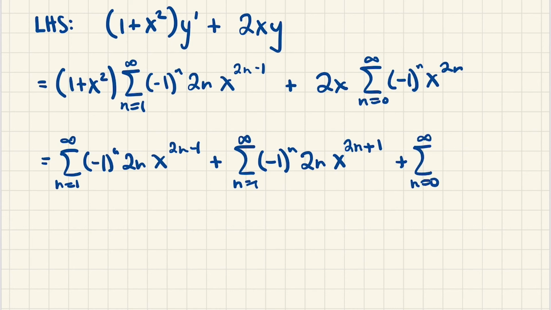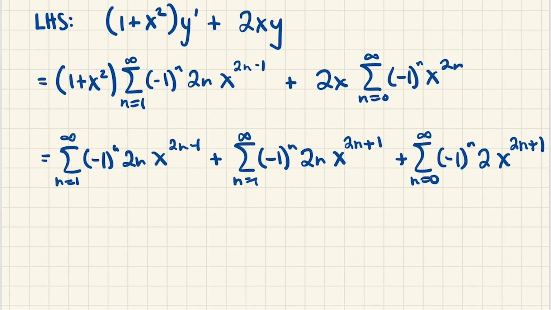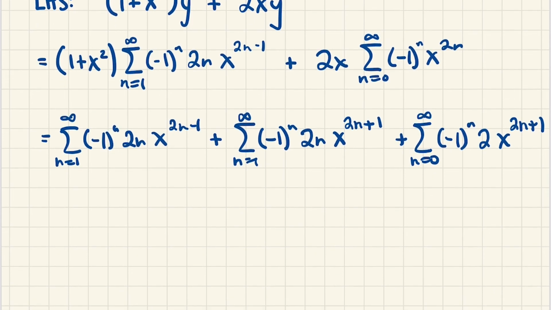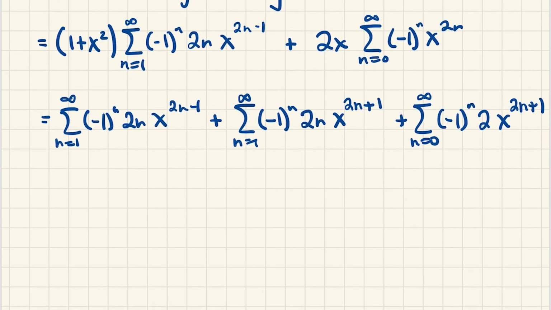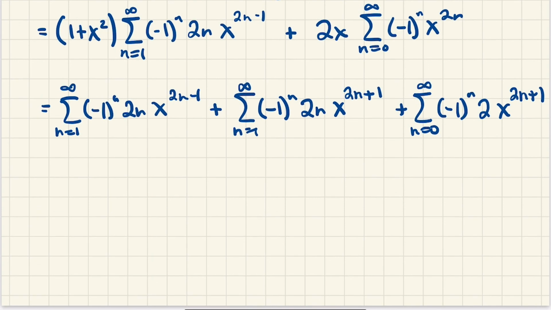And let's also distribute the 2x into this summation. So we're going to get a factor of 2, and then x to the 2n plus 1. Okay, so our job at this point is to combine these into a single sigma. Of course, our first step to that would be to shift the summation so these have the same power of x.